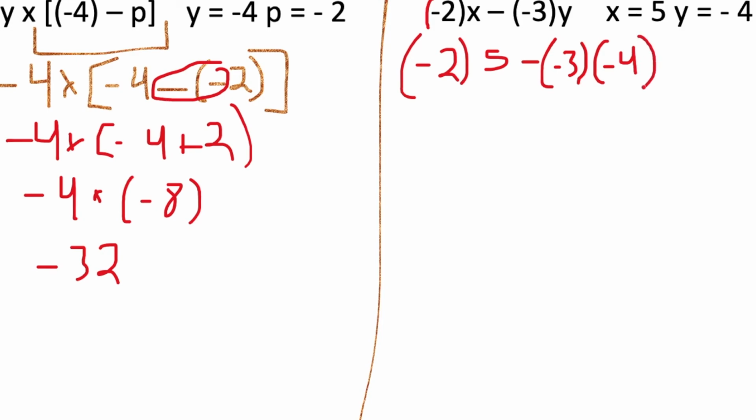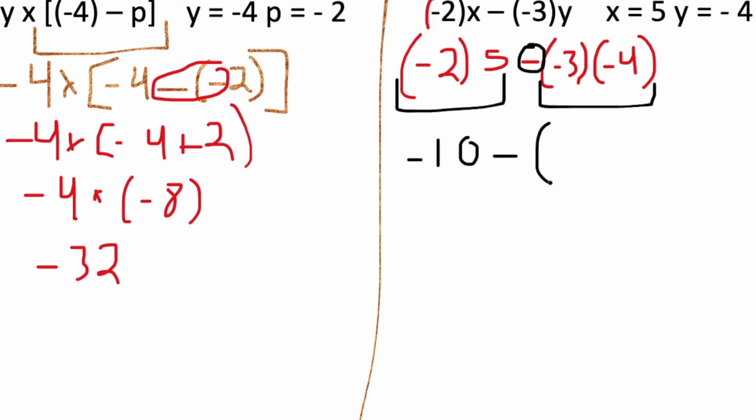Well, we do brackets first, but there's no group of things in brackets. So now I'm going to look at multiplication and division left to right. So I'm going to do these before I do this subtraction. Okay, so this ends up being negative 10, and I'm subtracting negative 3 times negative 4, which is going to be a positive.